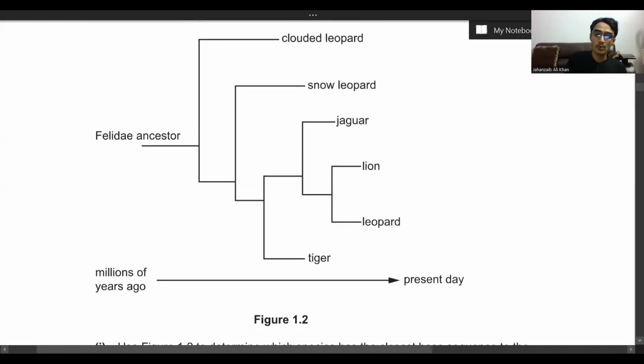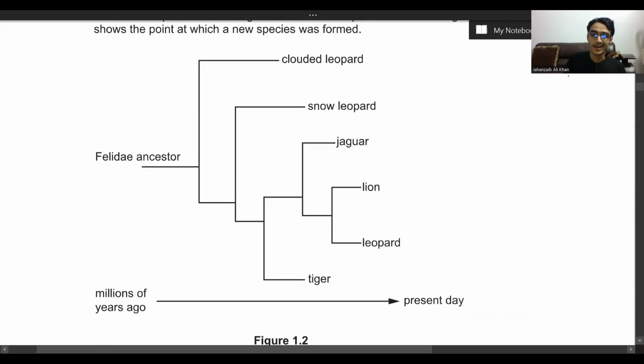We only have to look for the species that is directly descending from this ancestor, and there's only one species, the clouded leopard. The snow leopard, the jaguar, the lion, the leopard, and the tiger all have descendants in between. So the clouded leopard is the closest when it comes to DNA sequence.